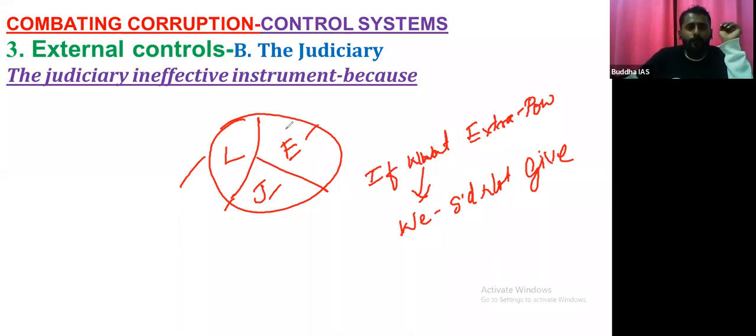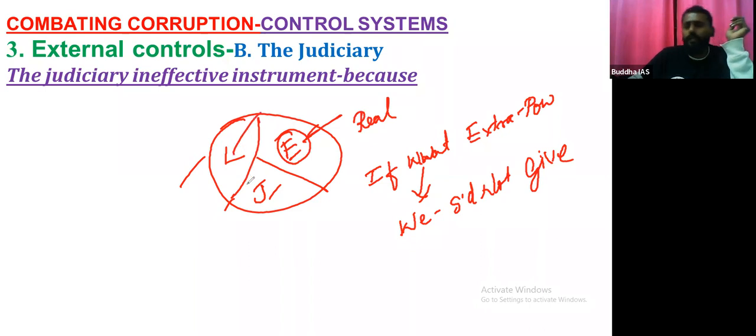Legislature. Maybe here our social influence is working. Here, in fact, it is the executive. Why? Because the executive is the one who has all powers in reality.